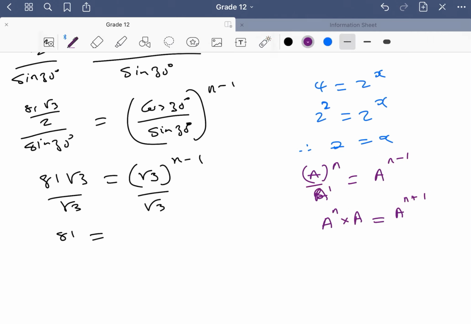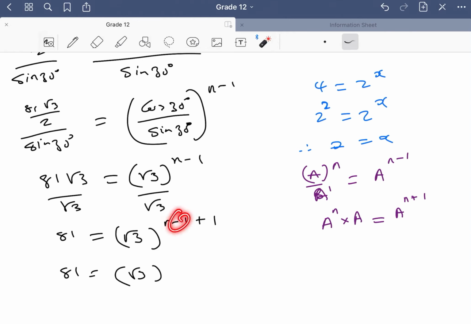Okay, so doing the same thing here, it's going to be root 3 power n minus 1 plus 1, because it's power 1 there, plus 1. So 81 is equal to root 3 power, well, negative 1 plus 1 is 0, so it's power n.